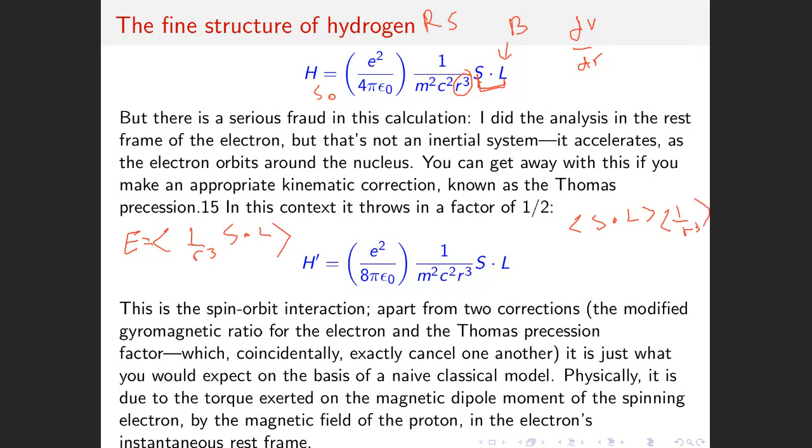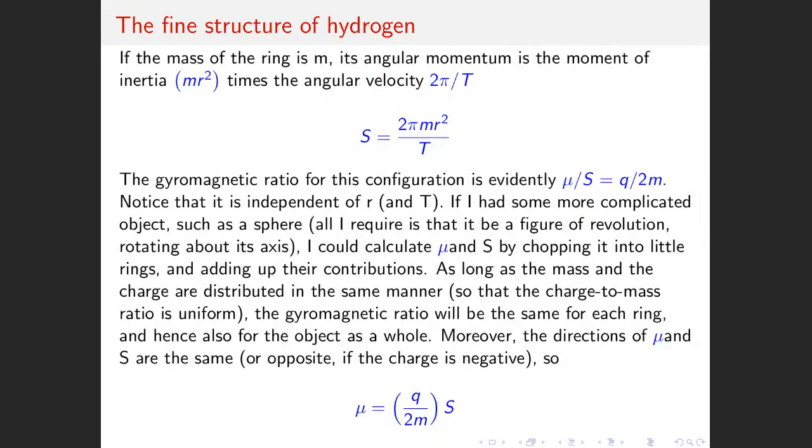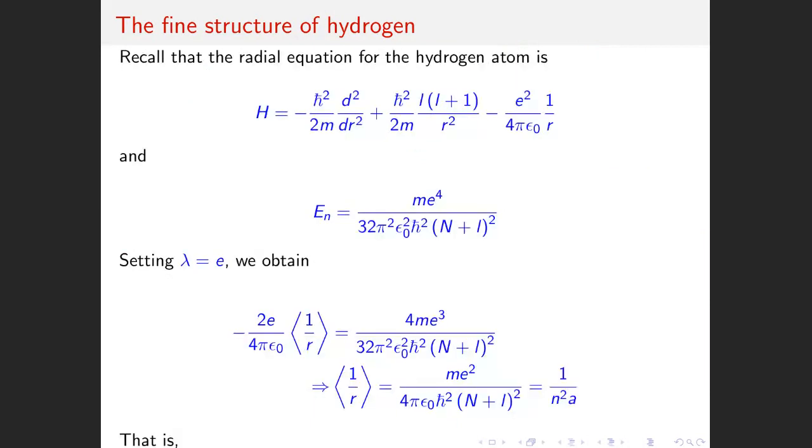I have to calculate 1 over r cubed, and then also the expectation value of S dot L. For the expectation value of 1 over r cubed, I go back to the Hellmann-Feynman theorem. It should be easy. I want to differentiate the Hamiltonian with respect to a parameter lambda, dH over d lambda, such that I get something that will give me an r cubed. It's easy if you look there. So what should my parameter be in this case?